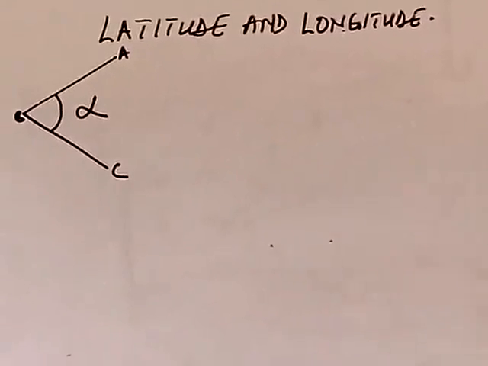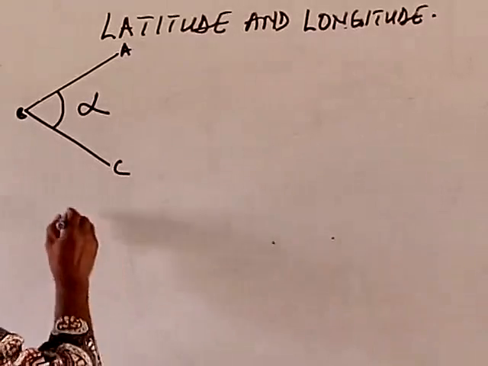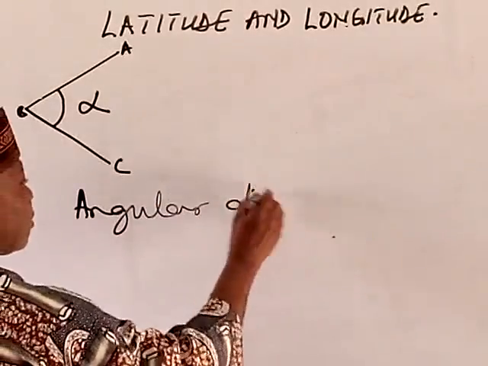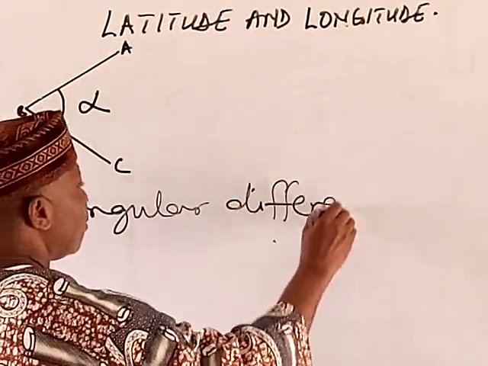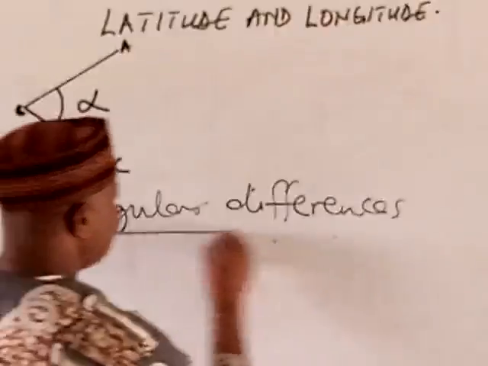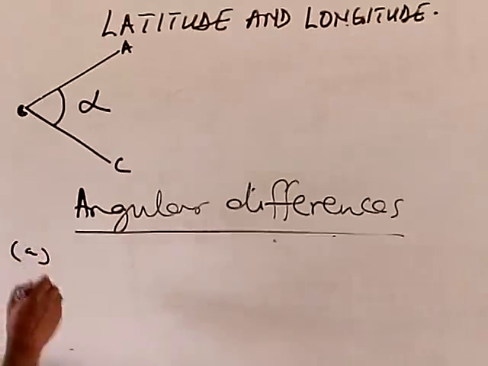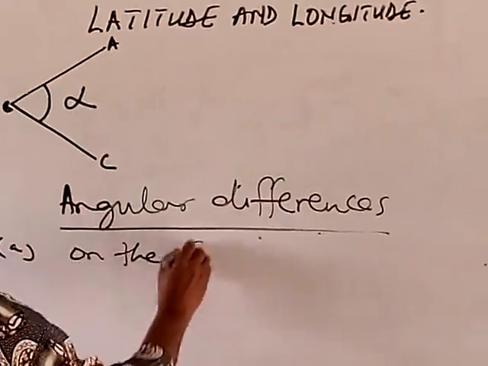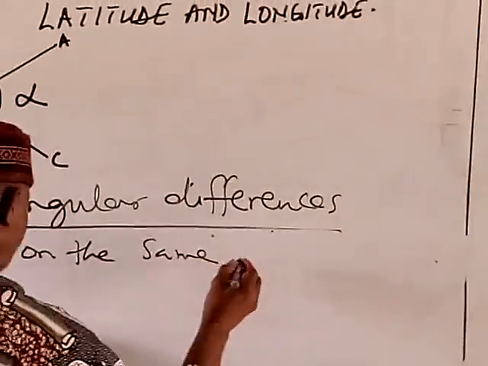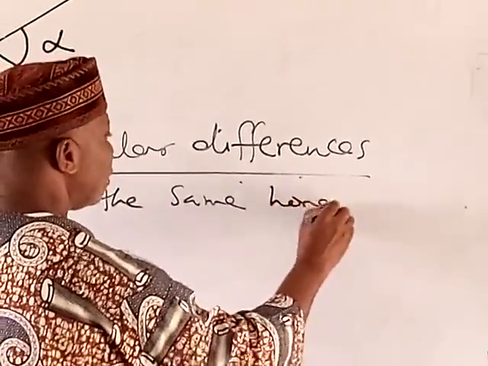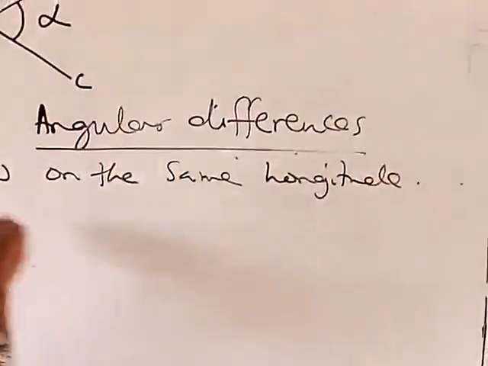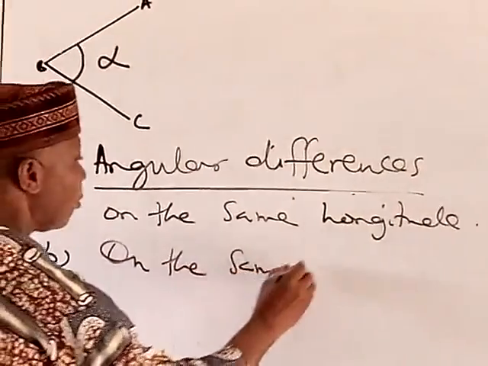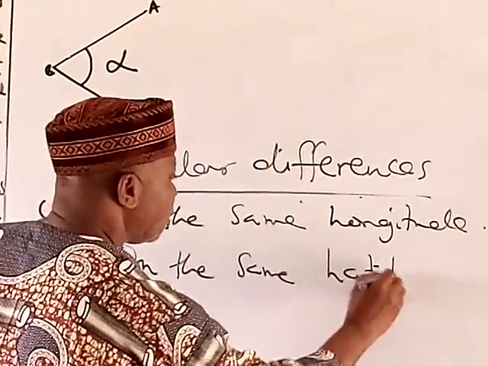Now, for example, locating angles, angular difference. I said angular difference can be formed on the same longitude, and you can have it on the same latitude.